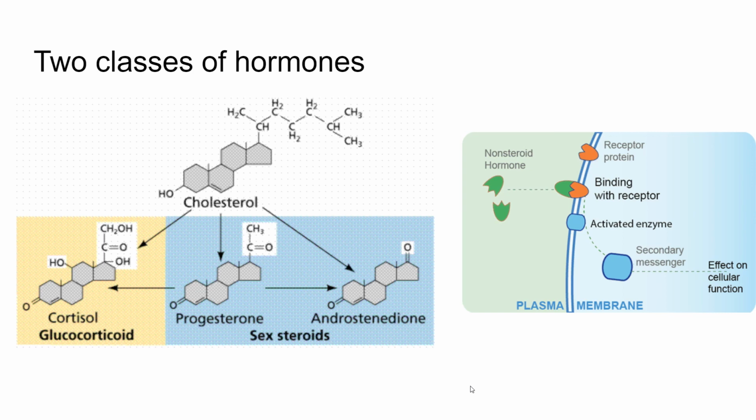Steroids are lipid based, so they are nonpolar. A lot of the reproductive hormones and the adrenal hormones are in the steroid class, whereas many other hormones are in this amino acid and protein class. And we'll talk more about how those are received in the next video.